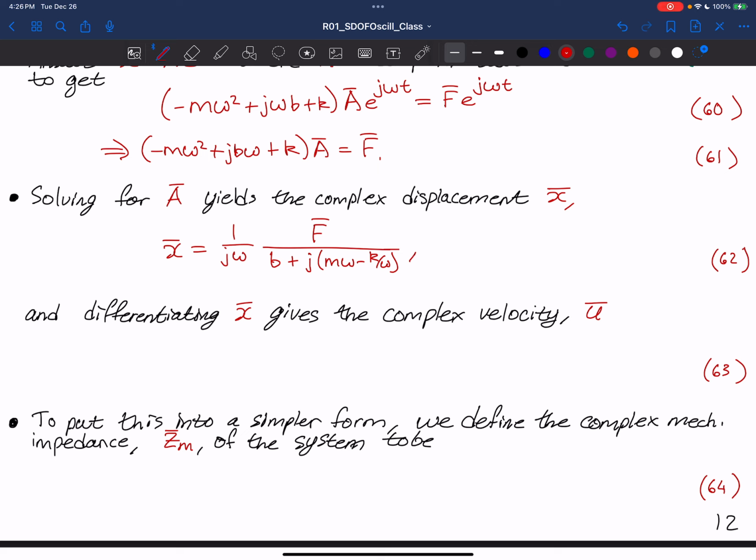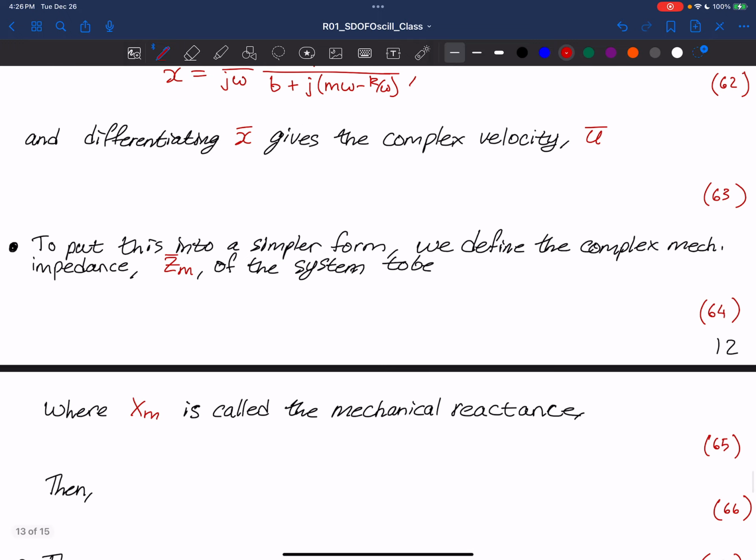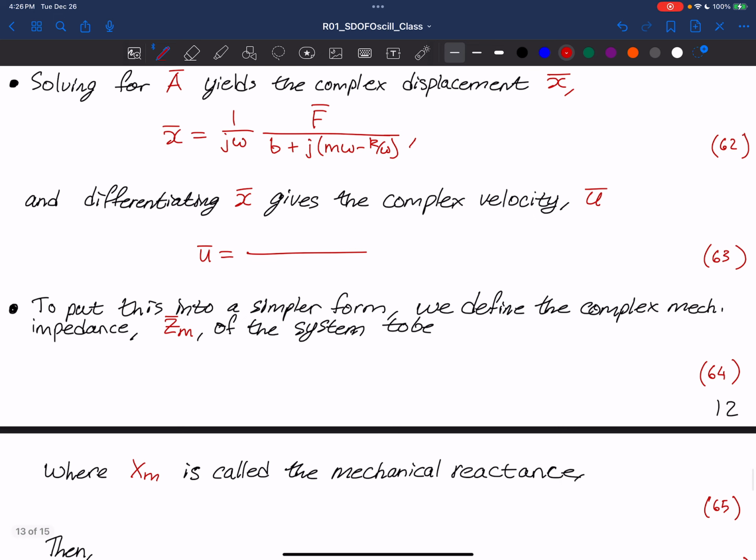And then differentiating this gives us the complex velocity u bar, where u bar is now equal to the quantity F bar. Oh, and I left out the e to the j omega t in equation 62 here.